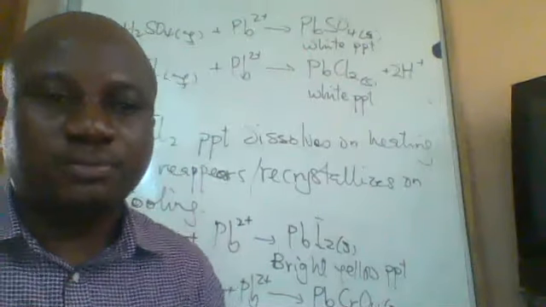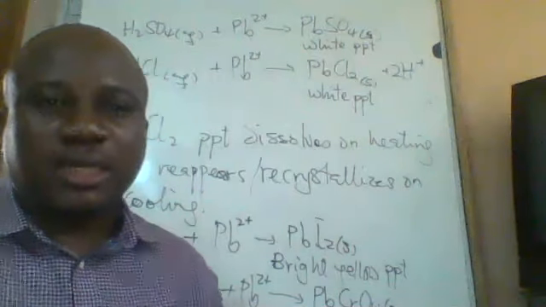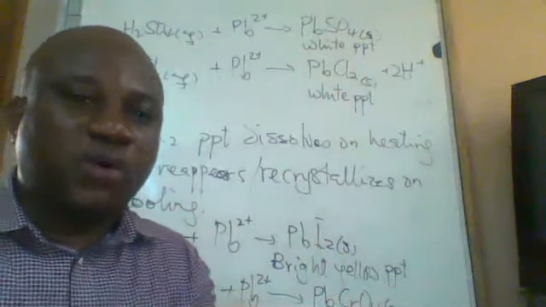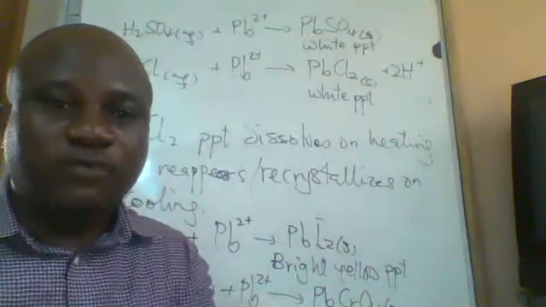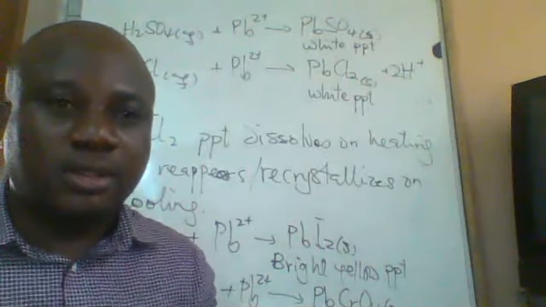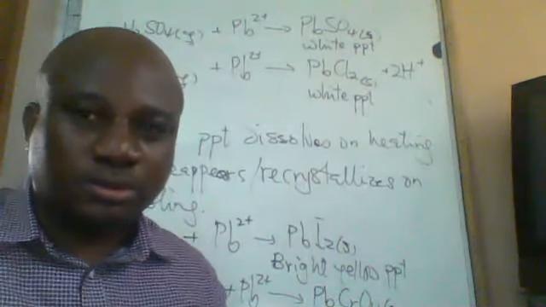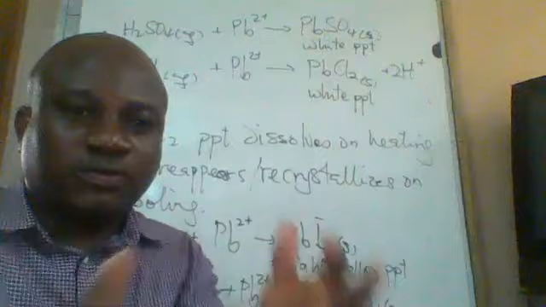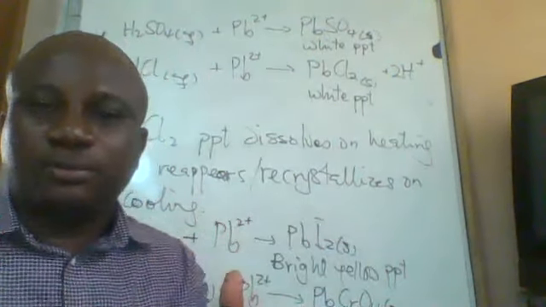So for calcium, we use sulfuric acid. The calcium will react with the sulfate ions to give you calcium sulfate. If you know your solubility rules well, you note that all sulfates are soluble, except those of calcium, lead, silver, and barium.